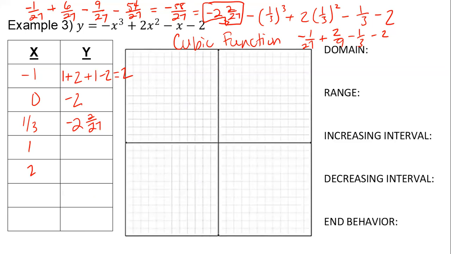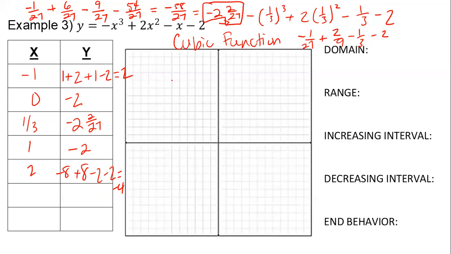All right, if I plug 1 in, I'm going to get pretty much the same reaction as negative 1, but instead of a positive 2, I'm going to end up with a negative 2. And if I plug 2 in, what's going to happen? Well, 2 to the third is 8, plus 2 squared is 4, times 2 is 8, minus 2, minus 2, and that equals negative 4. Let's see what we can create here.